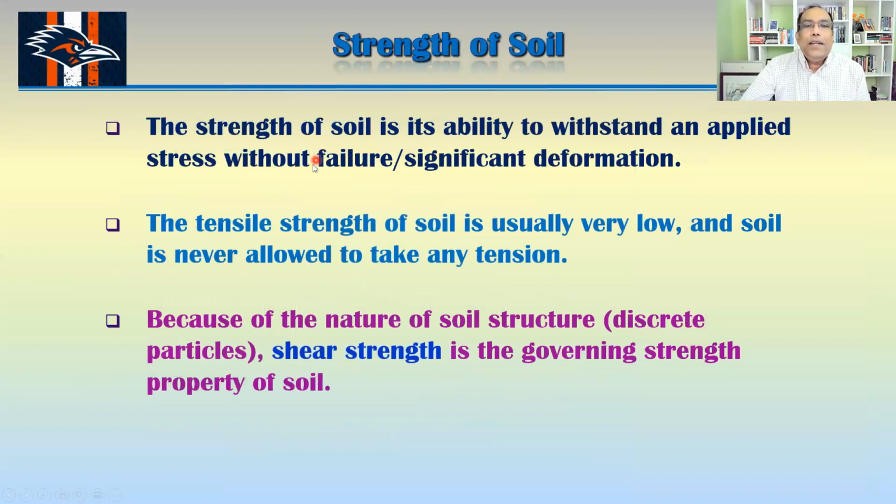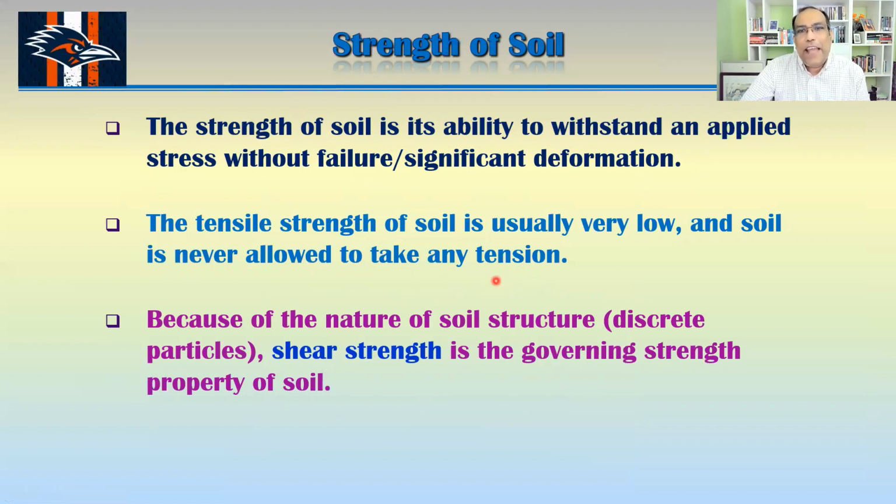Now, the strength of soil, we can just say that the strength of soil is its ability to withstand an applied stress without failure or significant deformation, okay? The tensile strength of soil is very, very low. So we usually don't apply any tension onto soil. And because of the nature of the soil structure, discrete particles, shear strength is the governing property of soil.